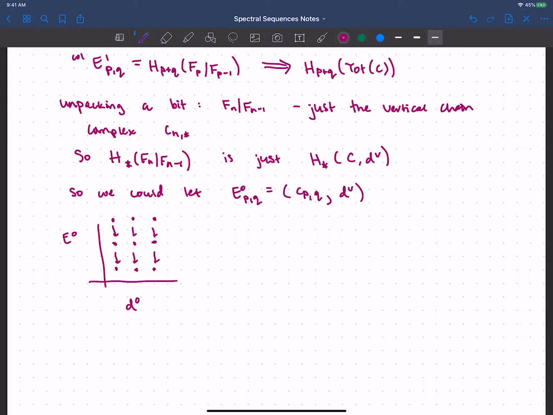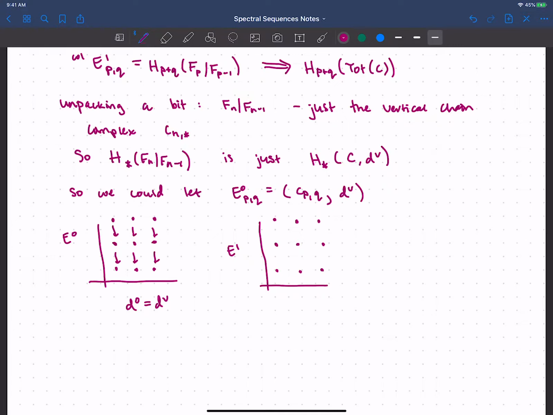I think this should be d^0 is d_V. Okay, we take homology and we get the E1 page, which is actually the thing we knew how to describe in the first place, just coming from having filtered a chain complex, so we always know what to do there. Now these dots are not the same as the dots on the E0 page, of course, because I've taken homology, but I just mean there's stuff there maybe.